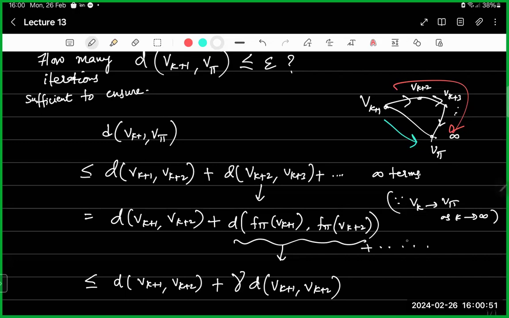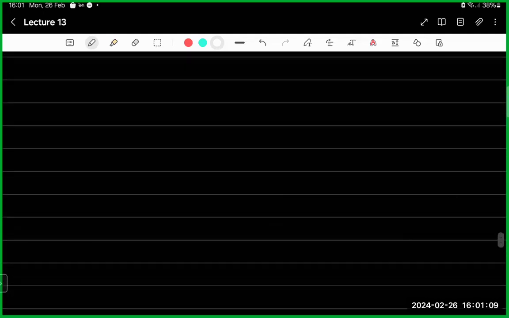Okay. So similarly, the remaining terms, the next term can also be written as gamma into d of vk plus 2 comma vk plus 3. That I can again write as gamma square into this thing. So if I do that properly, what will I get?